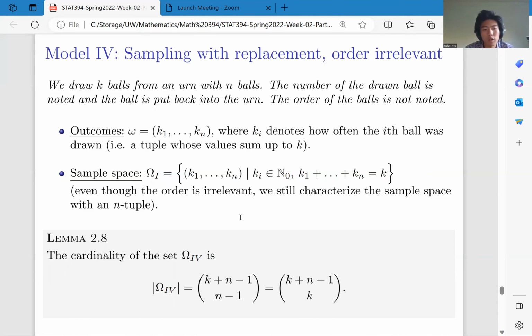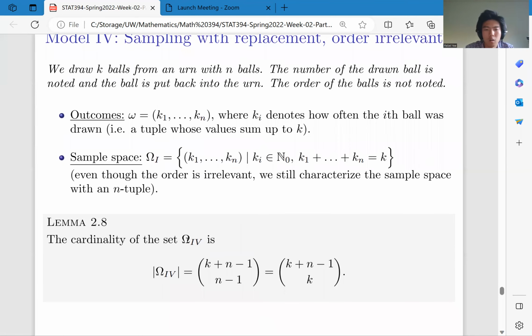So after understanding this point, the cardinality of the set omega 4 can be written in the form k plus n minus 1, choose n minus 1. And this is exactly the same as k plus n minus 1, choose k, because when we calculate these two forms, the numerator is always k plus n minus 1 factorial.